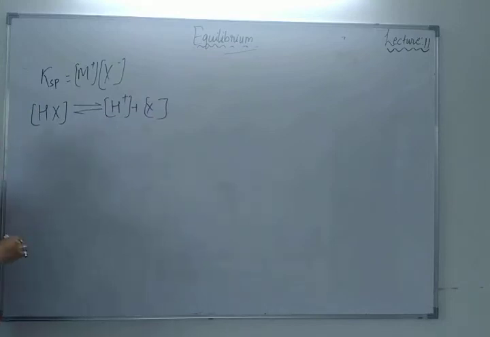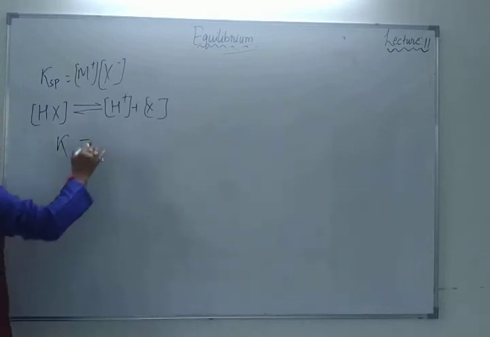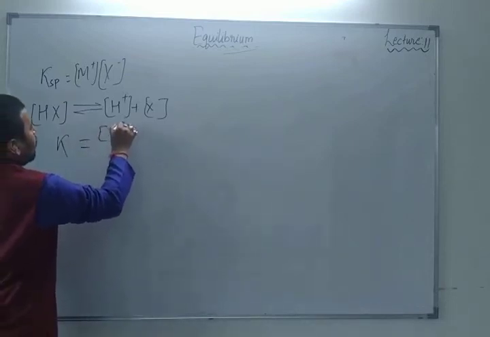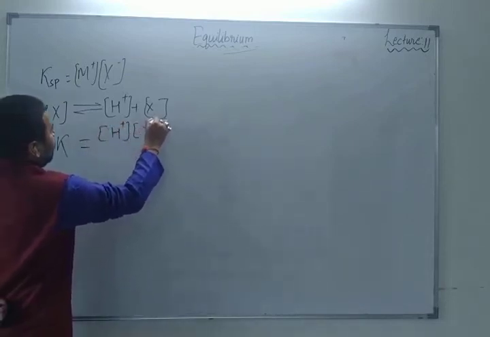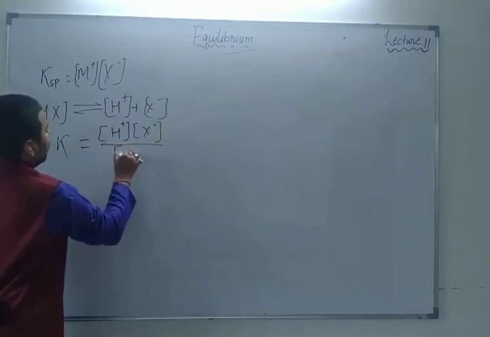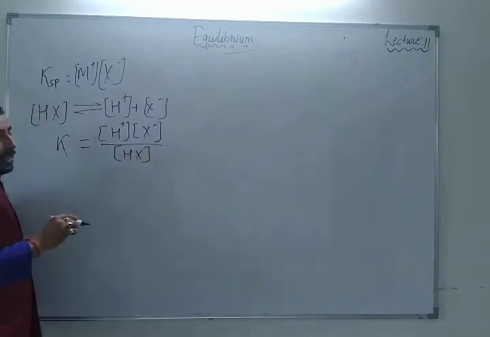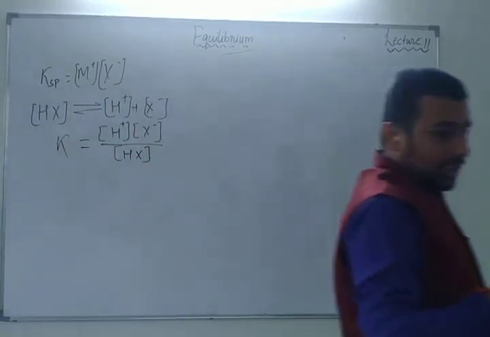If I want to calculate the ionization constant value, you know very well it is the concentration of products upon the concentration of reactant. Is it coming clearly? Just check. Not coming clear?